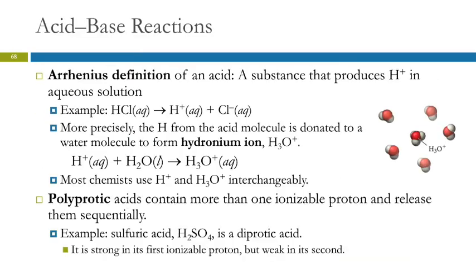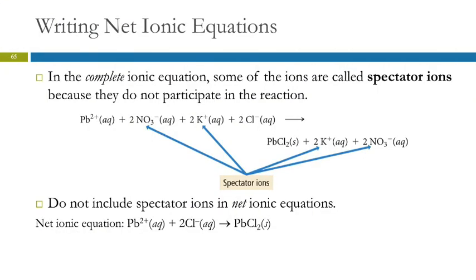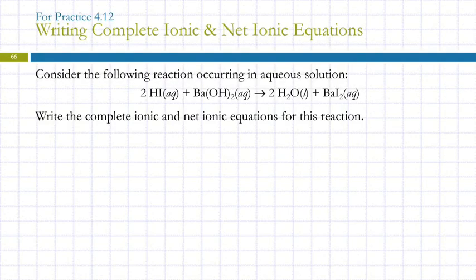So let's go back to our example. Because this is a strong acid, I'm going to separate it into the ions. So I have 2 HI molecules. When those separate into ions, I'm going to get 2 hydrogen ions and 2 iodide ions.